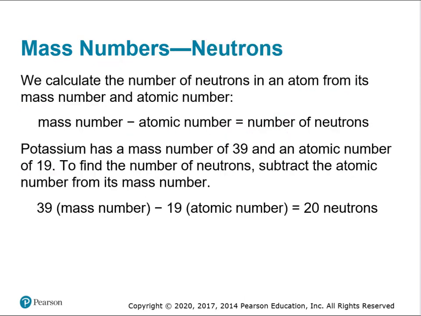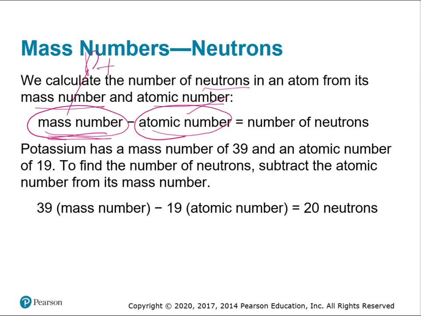Looking at neutrons, we calculate the number of neutrons in an atom from its mass number and its atomic number. If I know the mass number and I subtract the atomic number, which is how many protons it has, I'm left with neutrons, since mass number is protons and neutrons.